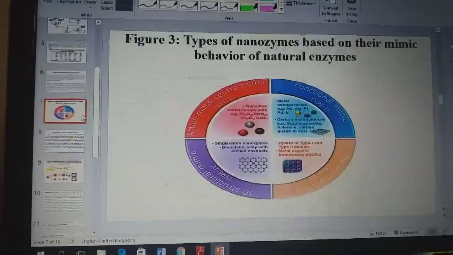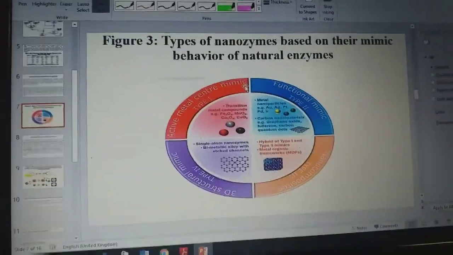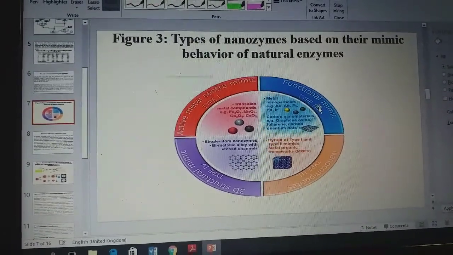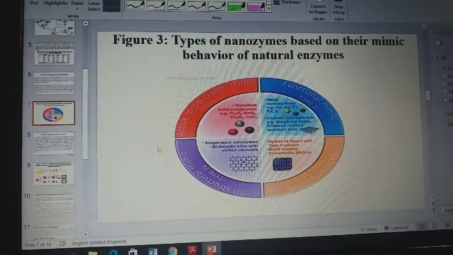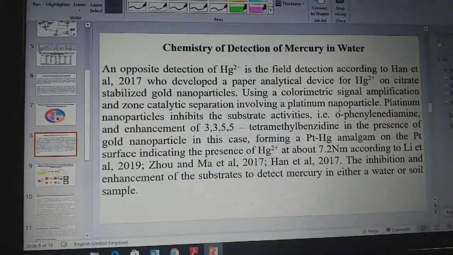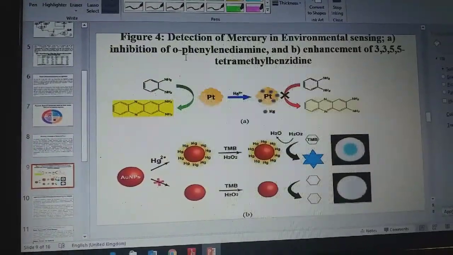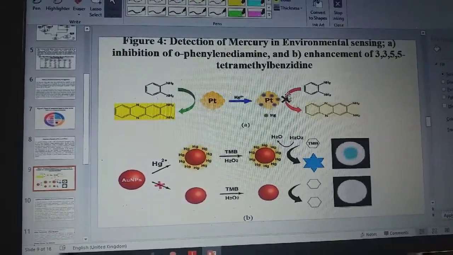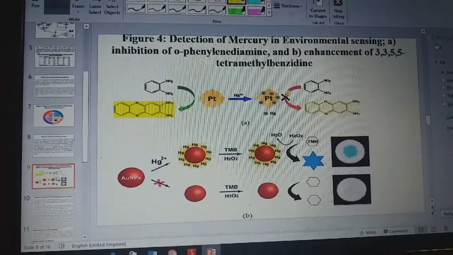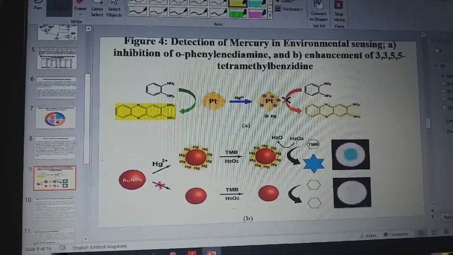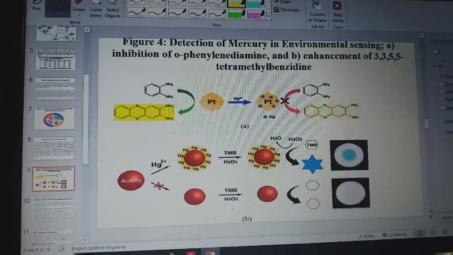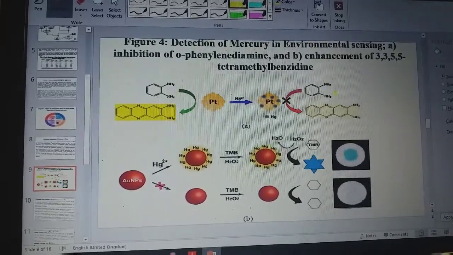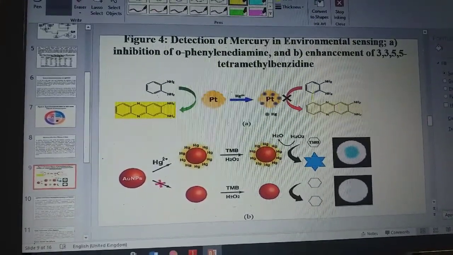So you see, from these types, that all of these nanozymes are linked together. You have type 2 working together with type 1 as substrates, where these metals can be adsorbed. This is a typical chemical reaction representing this. In one case, the process will not detect mercury; if you see the reaction, there is no mercury detected.